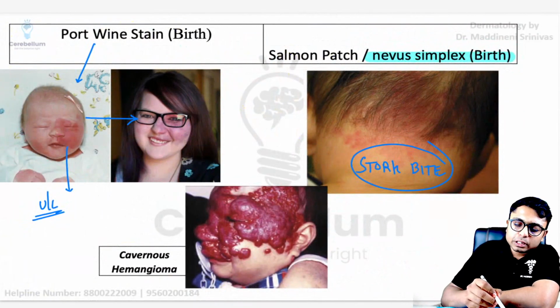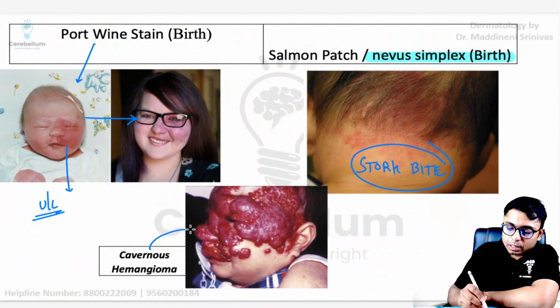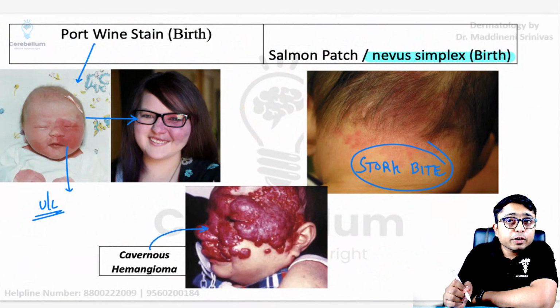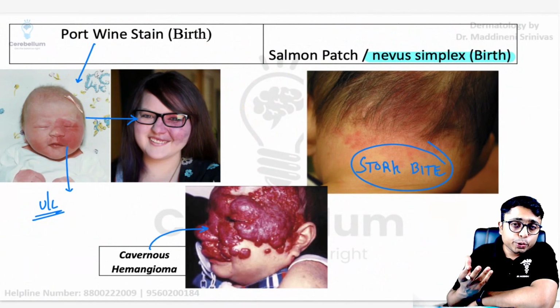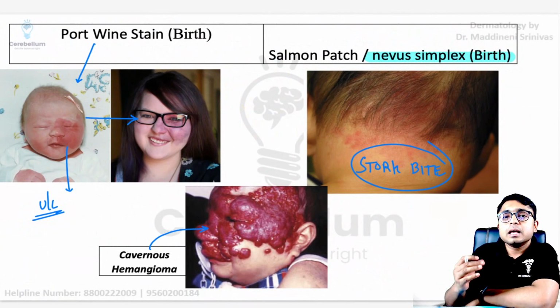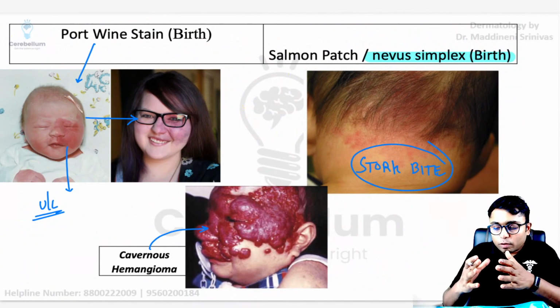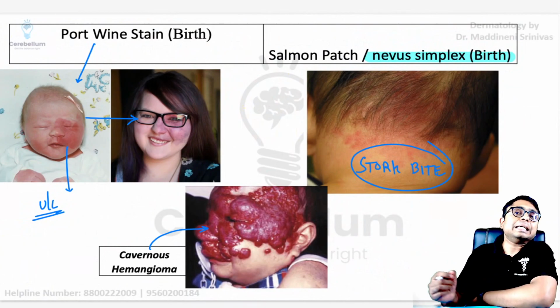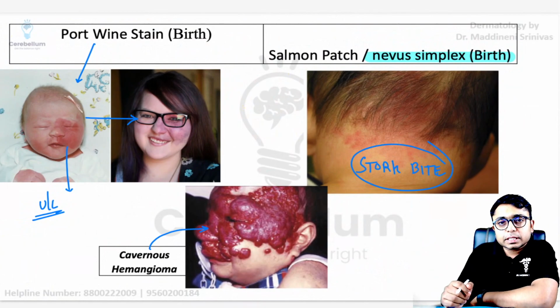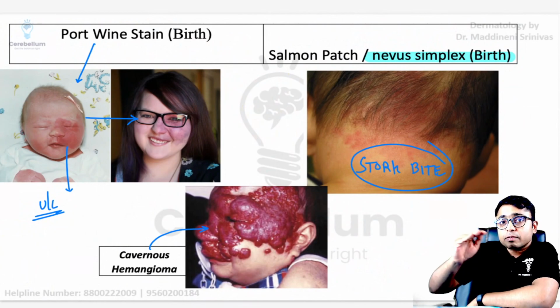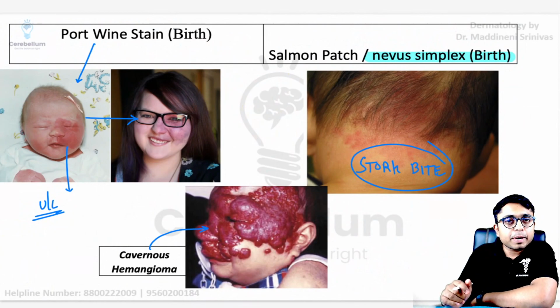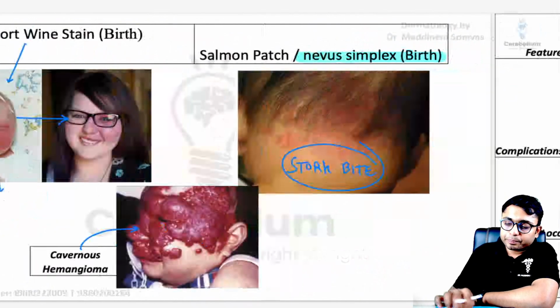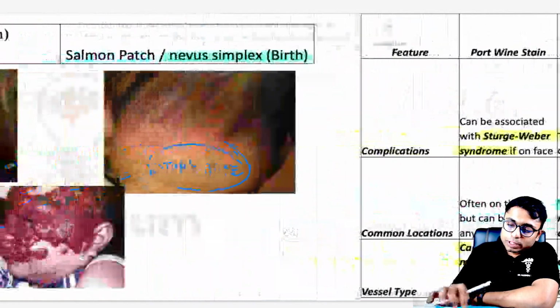So here you are able to see the cavernous hemangioma which is affecting the skin, and you are able to see the bluish hue present, and also you can see that it is more of a growth present in the deeper structures of the skin, because of which it is a very much raised lesion when compared to the capillary hemangioma which was given in the question. Okay, so that was about the cavernous hemangioma.